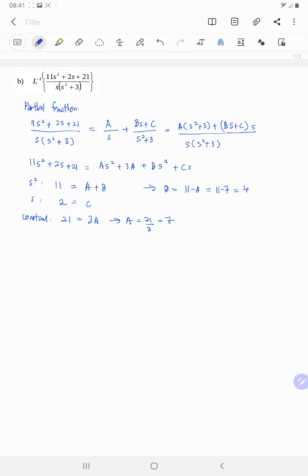So we substitute back into our partial fraction. That is our A, 7. What is our B? 4. What is our C? 2.